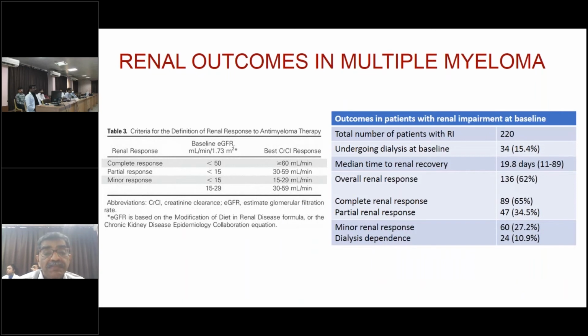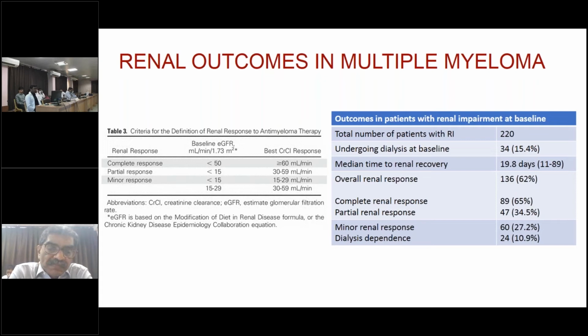So apart from the hematological response in terms of M protein reduction, we also are interested in renal outcomes in multiple myeloma. Out of those 220 patients who had presented with renal impairment at baseline, 15.4% of those patients needed dialysis at baseline.